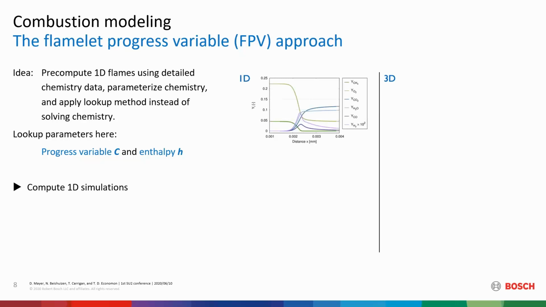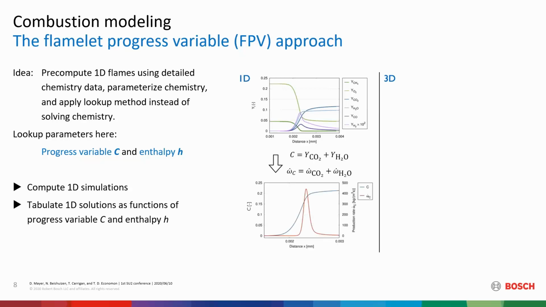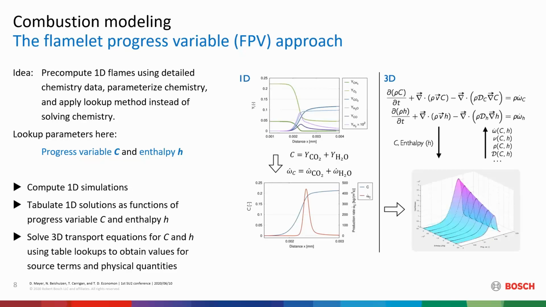So here I show the workflow. First we solve a bunch of 1D simulations on different enthalpy levels. And then we tabulate all those 1D solutions as functions of the progress variable and the enthalpy, put everything into a table, and then in our 3D simulation that we then run in SU2, we just transport 2 more quantities instead of the 48 transport equations that we need to solve for 49 species in a detailed chemistry simulation.